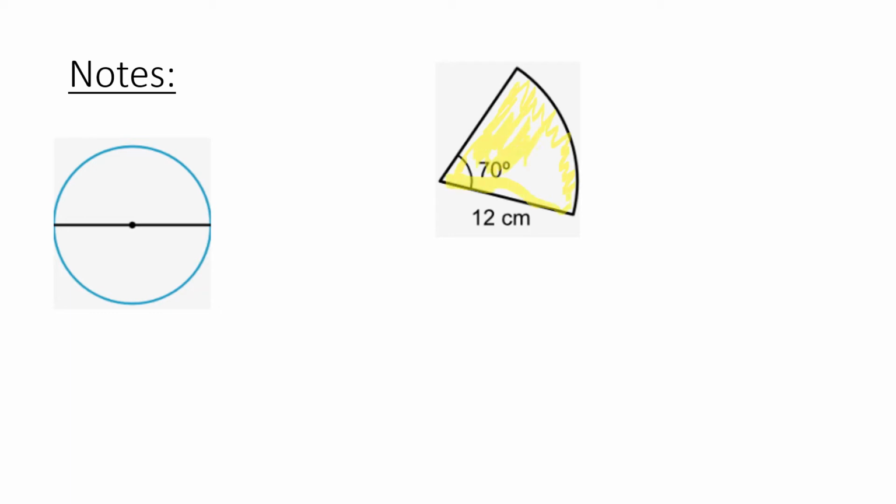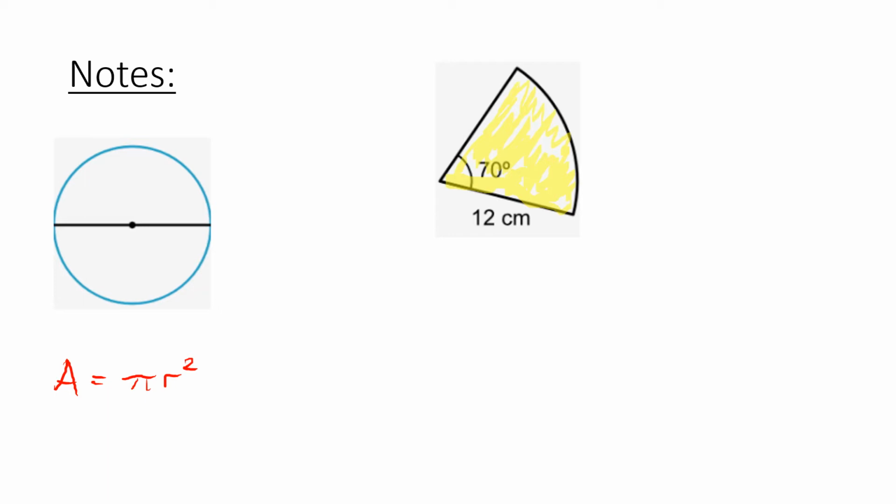The first thing that you need to remember, which you should all know, is the formula to find the area of a circle, which is pi r squared. So r for radius, pi times radius squared. Just like before, we're not interested in the full circle, we're looking at a fraction of it.